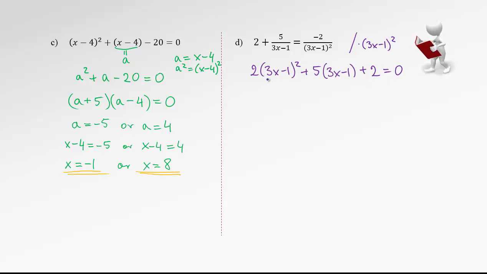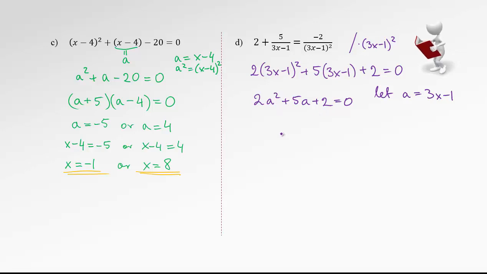And then we see that this equation is nearly the same as the equation in example C. So again, let a represent this whole bracket. Therefore, the first term is really 2a squared, and then plus 5a plus 2. That's how we can reduce the originally quite difficult equation to a quadratic equation that we know how to solve.